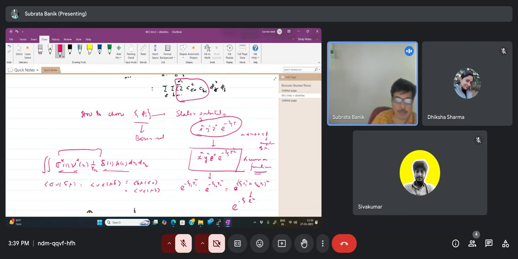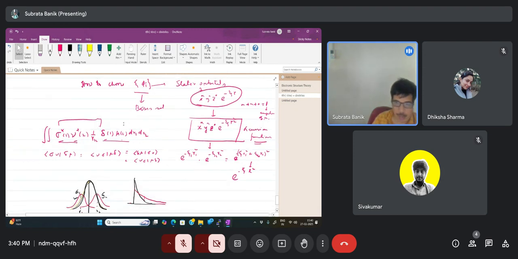How many integrals are possible? Let's say I have 100 basis functions. Each index will run from 1 to 100, so I have 100 to the power of 4, which is equal to 10 to the power of 8. But you don't need to calculate this many.